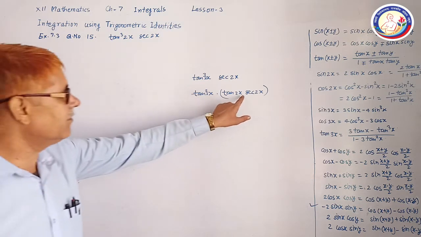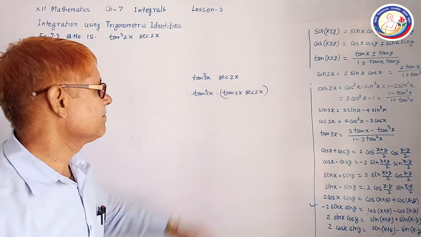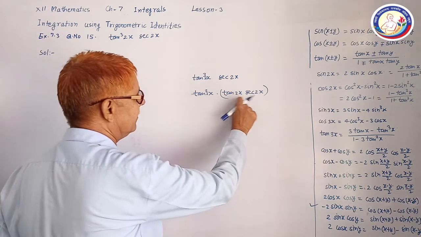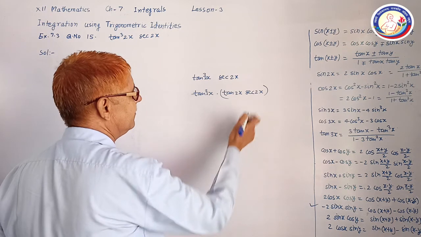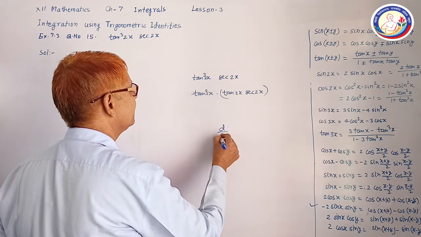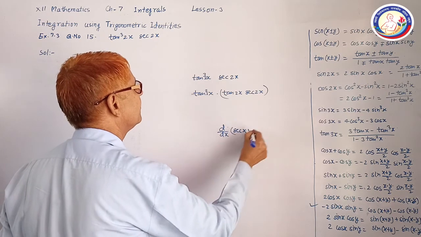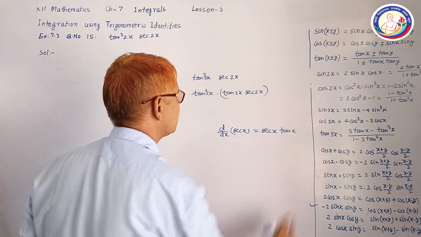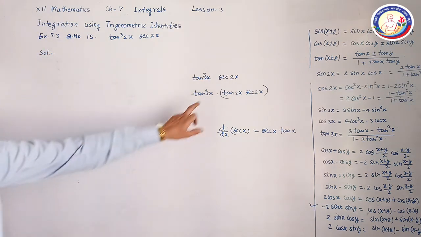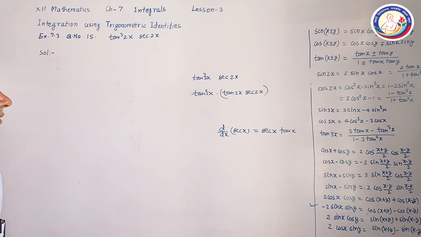This is the differentiation of sec x. If we write t for 2x, then the derivative of sec x is sec x tan x. And we can write tangent square 2x in terms of sec square 2x minus 1.